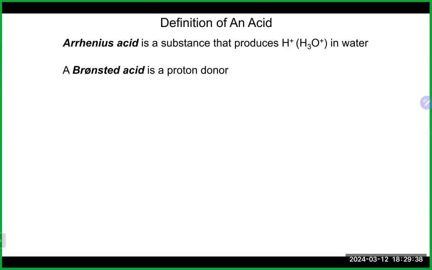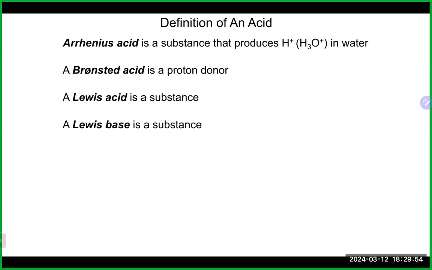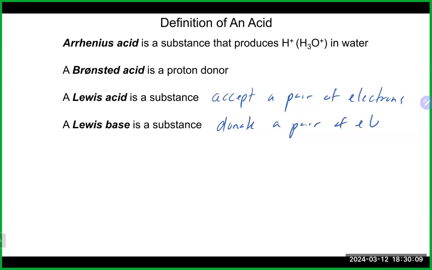So when we think about Lewis, we think about what? Lewis structures, and that's all about electrons. So Lewis defined a Lewis acid as a substance that will accept a pair of electrons, while a Lewis base is a substance that will donate a pair of electrons.